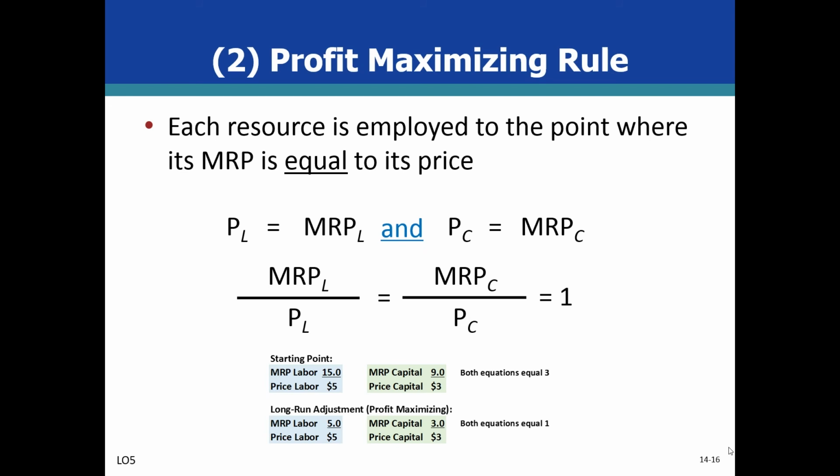Thus, the firm is underemploying both capital and labor. The firm can expand its profit by hiring additional amounts of both capital and labor until it moves down its downward sloping MRP curves to the point where the MRP of labor equals 5 and the MRP of capital equals 3.